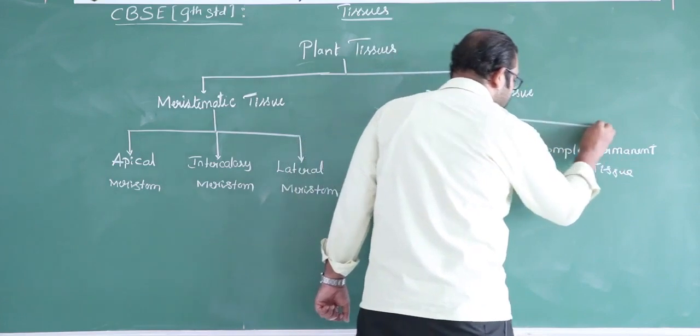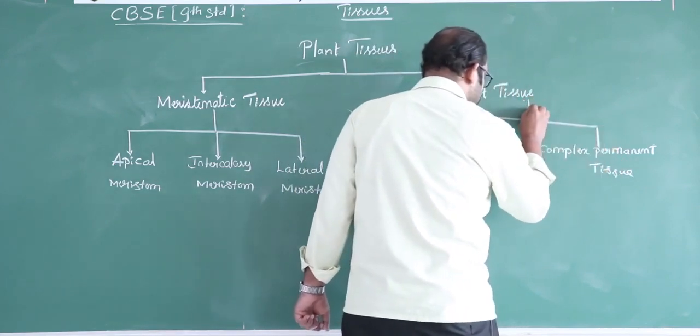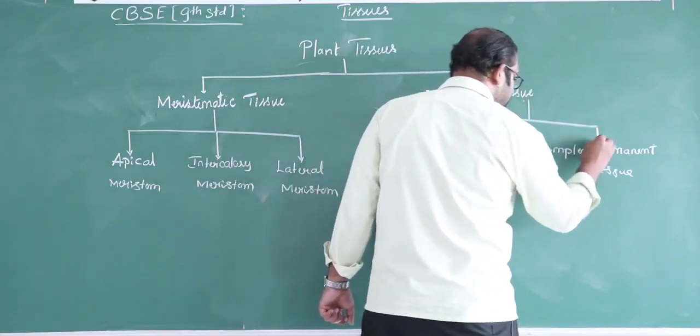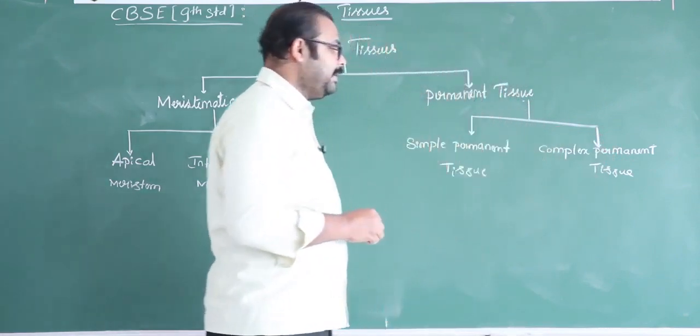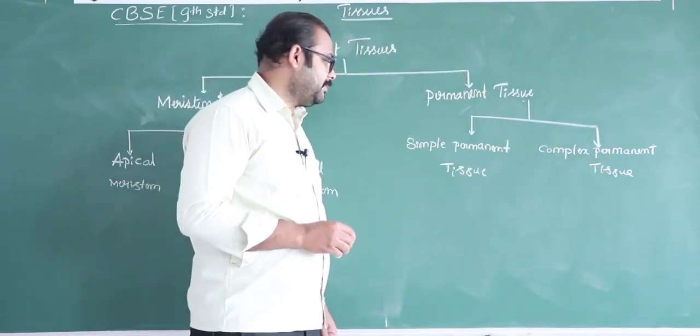So the permanent tissue is further classified into simple permanent and complex permanent.